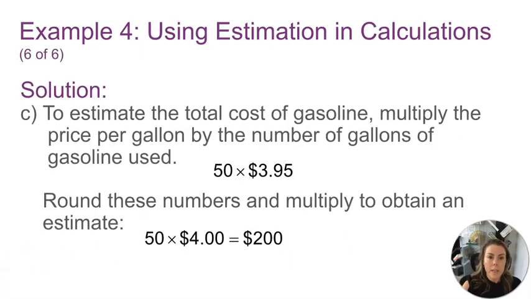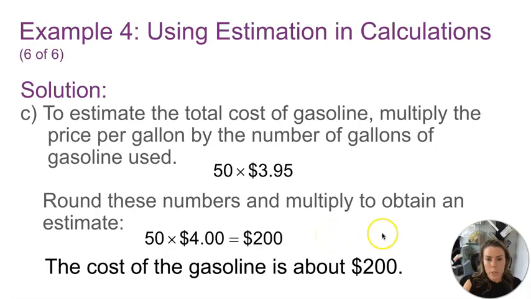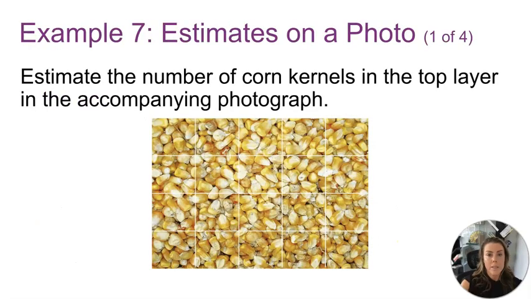So if it's 50 gallons of gas that we approximately used, and it's approximately $4 per gallon, then what we would do is the 50 times the $4 per gallon and get an approximate answer of about $200 for this family to go from Portland, Oregon to Missouri, the Gateway Arch, right? So it's about 200.